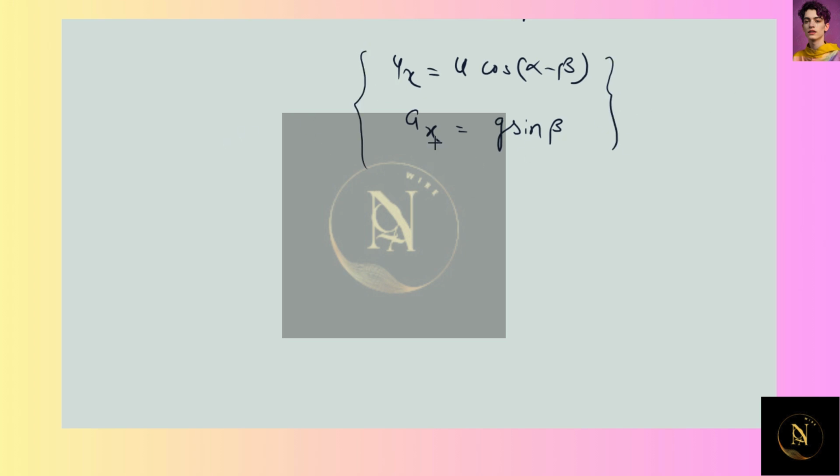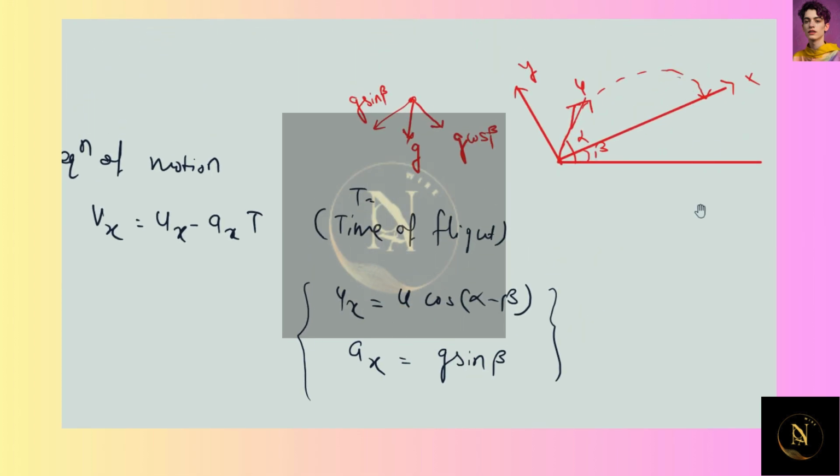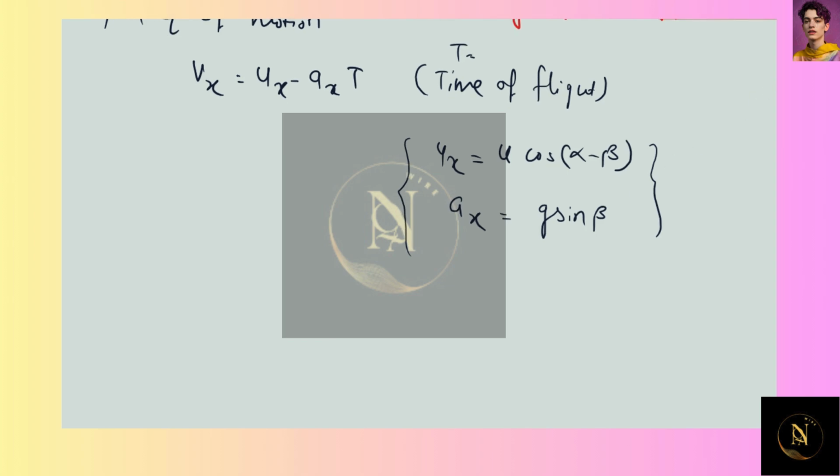Now put this data in this equation. As it strikes normally to this plane, there is no component of final velocity along the plane. So 0 is equal to u cos(alpha minus beta) minus g sin beta into t. This is our equation 1.